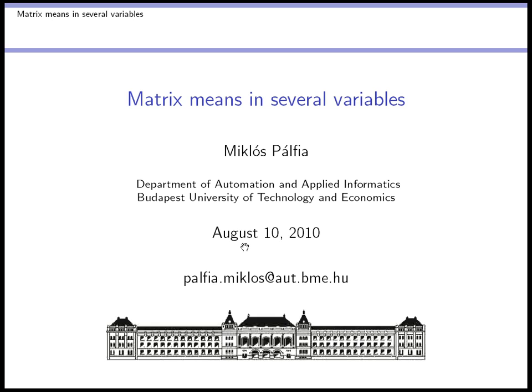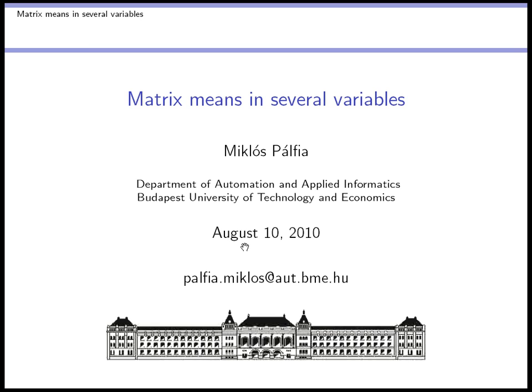With respect to the positive definite order, like the arithmetic mean for vectors, is there a connection with the square root of a times b, like the geometric mean for vectors? You mean how the matrix geometric mean is defined?